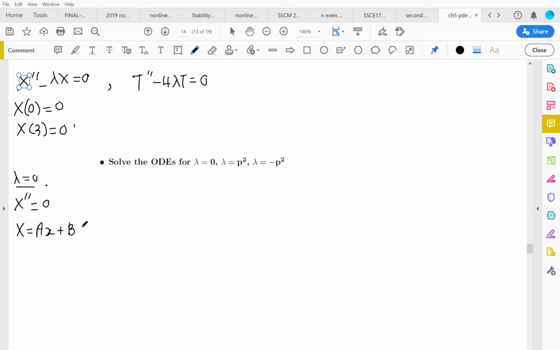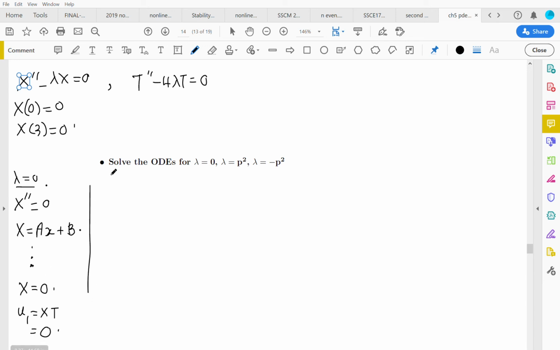As usual, after we substitute the boundary conditions here, we get the solution x equal to 0. So for this case, we don't have to solve the equation for t. We already get the solution for the first case, x multiplied with t equal to 0. Make sure you know how to get this, because sometimes in answering questions during the final, there will be marks given for the steps you do.